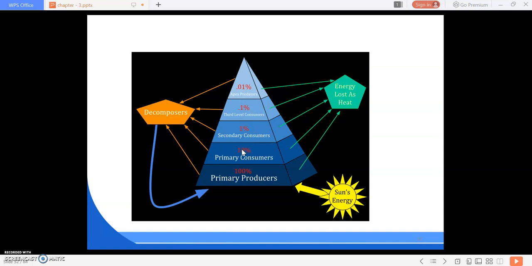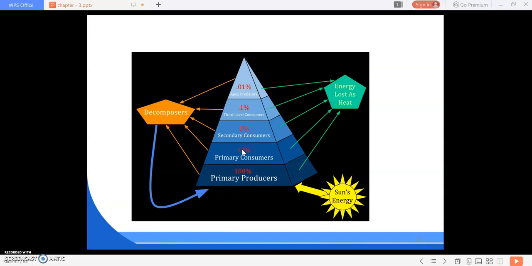So we have completed our energy pyramid, the ecological pyramid, or Eltonian pyramid. These are of three types. The first one is the pyramid of numbers, the second is the pyramid of biomass, and the third is the pyramid of energy.